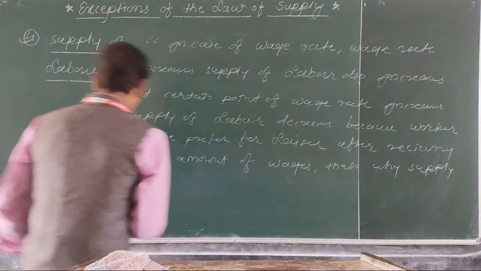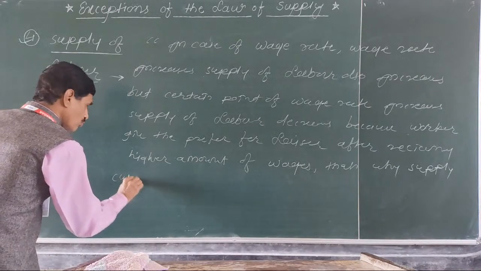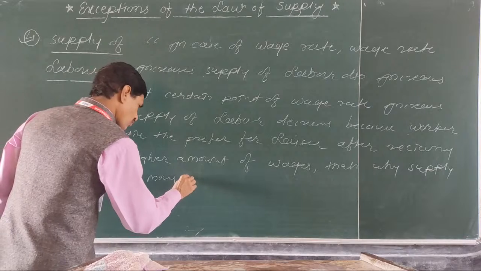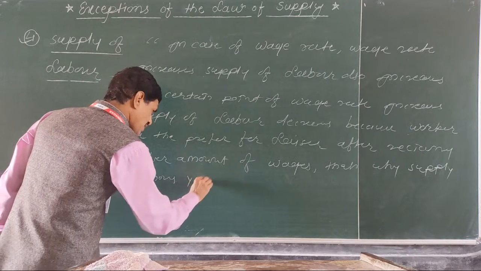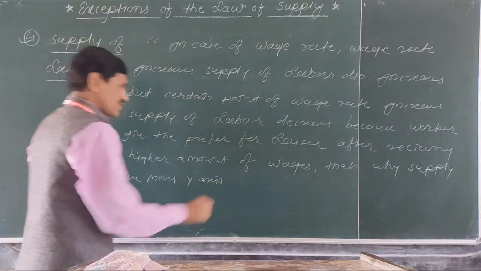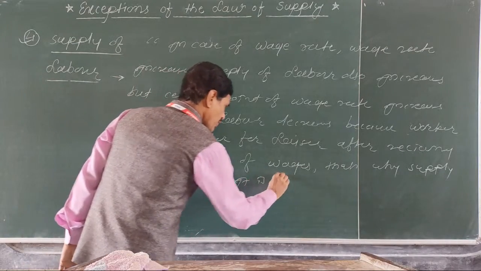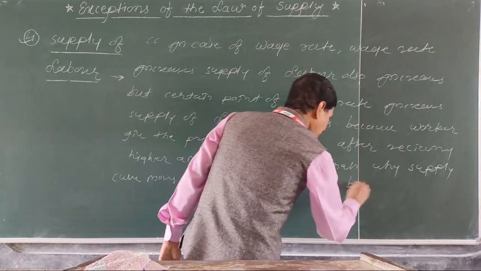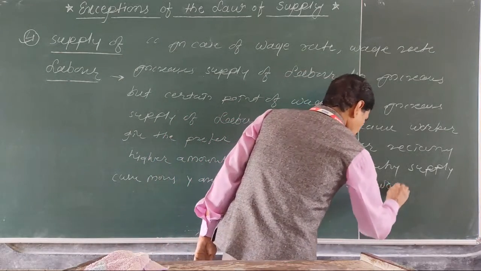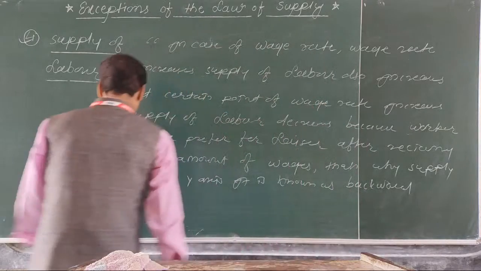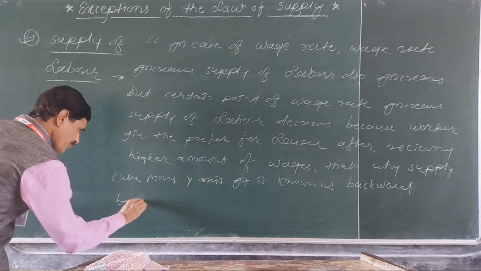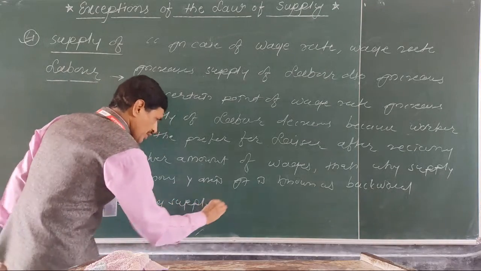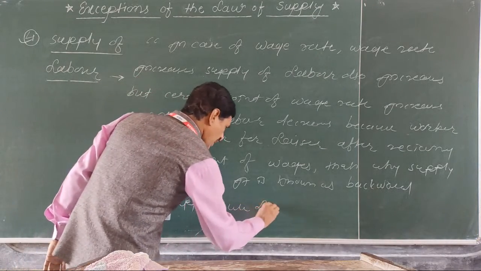That's why the supply curve moves backward along the y-axis. It is known as the backward bending supply curve of labor.